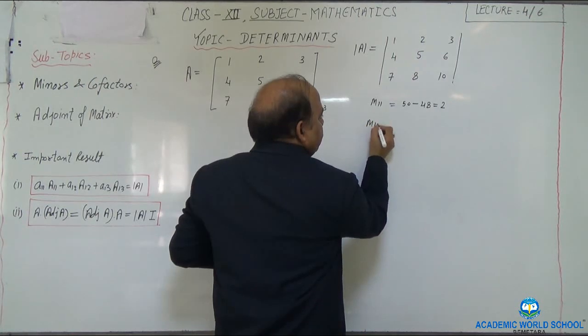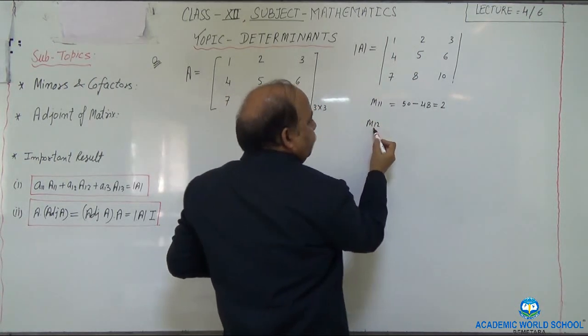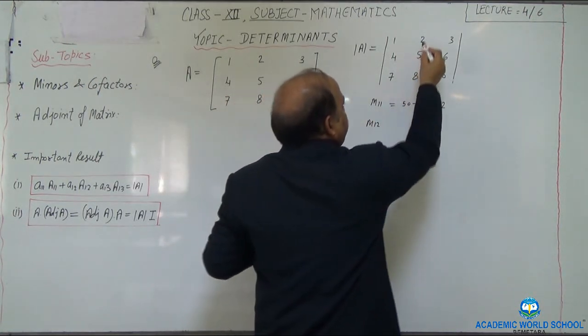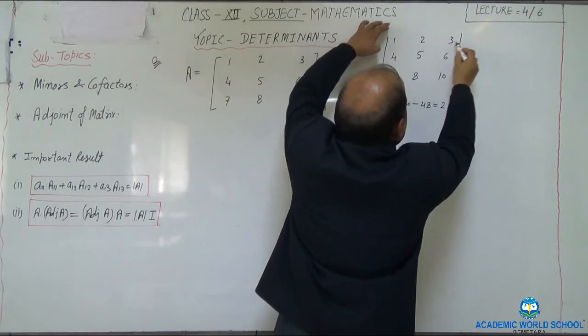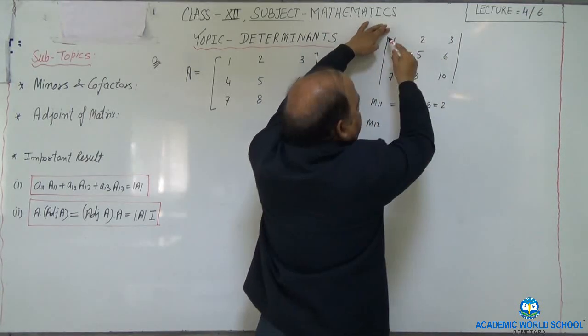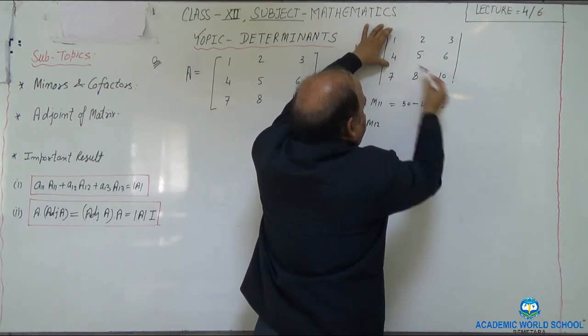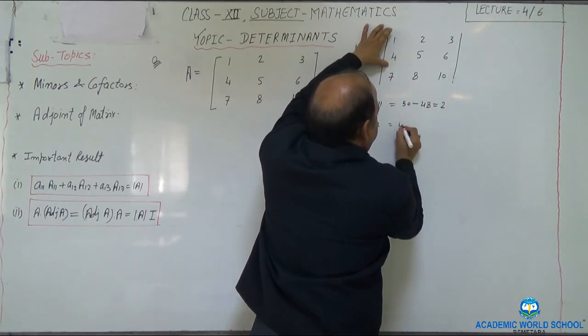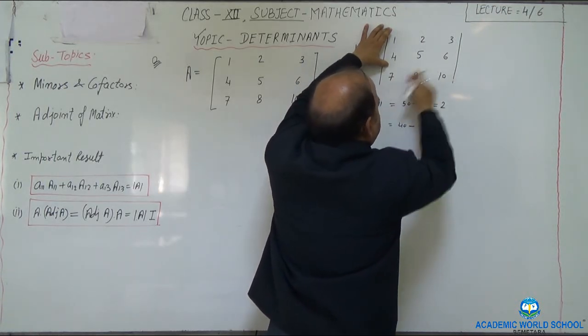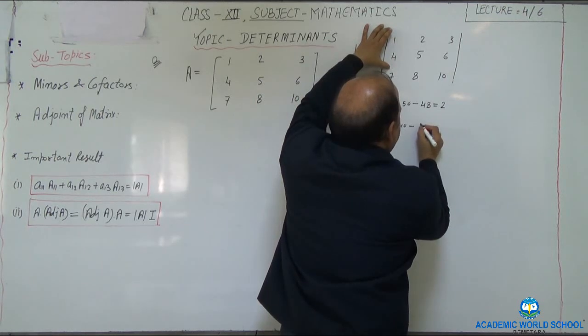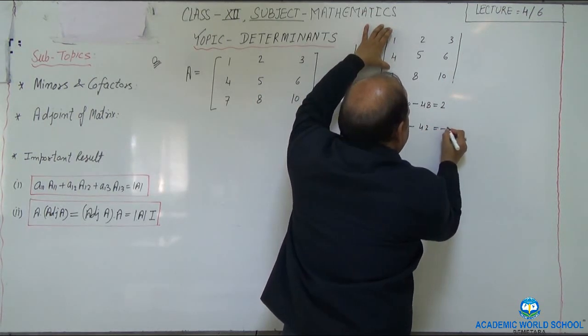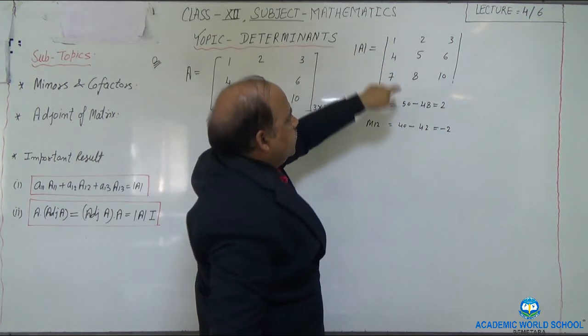Minor of 1, 2. What is 1, 2? First row, second column element. So leave this part, leave this part. If you leave this, then it becomes 10 times 4 is 40 minus 6 times 7 is 42, it becomes minus 2.